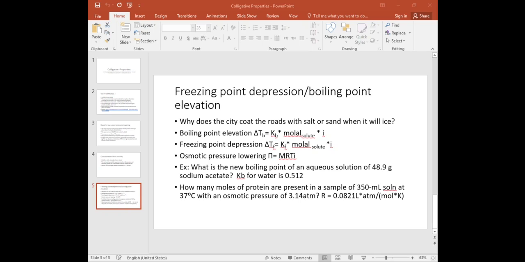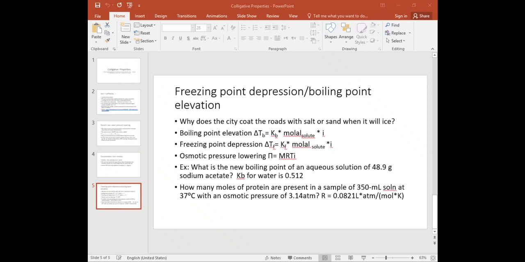Before I write the freezing point depression equation, I want to talk really quickly about what this means. This is not the new boiling point. This is the difference between the old boiling point or original boiling point of the pure solvent and the new higher boiling point of your solution.